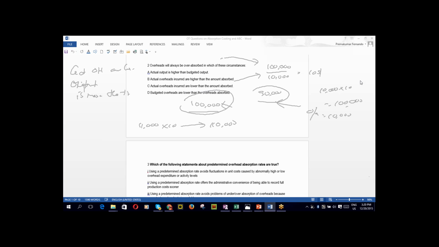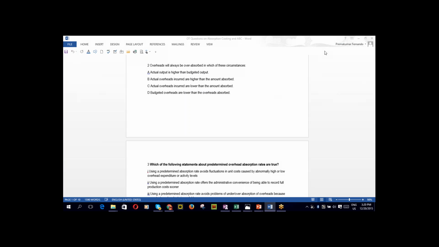Now I want to look at this question. They are talking about an over absorption situation. Actual output is higher than the budgeted output. It can end up with an over absorption.